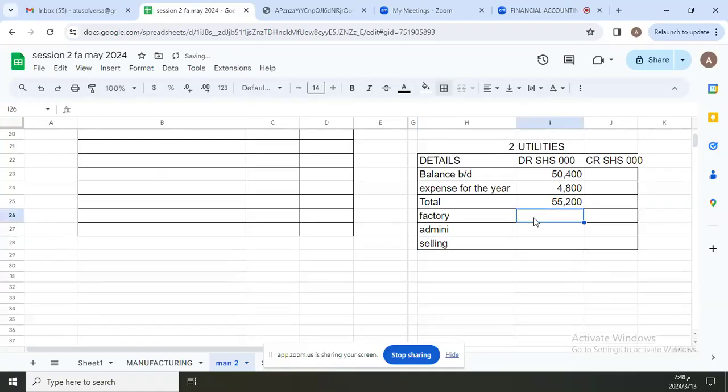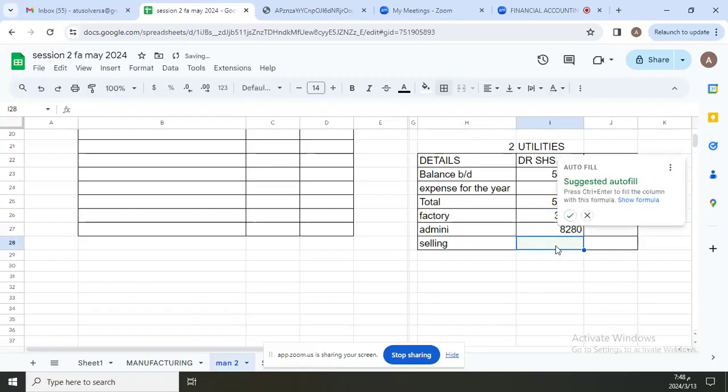They have told me that for the factory, it is 0.7. I multiply by this, I get this one. I go to this one. They have told me it will be 0.15. I multiply by the total, I get this one.